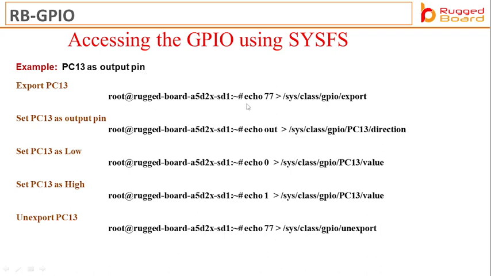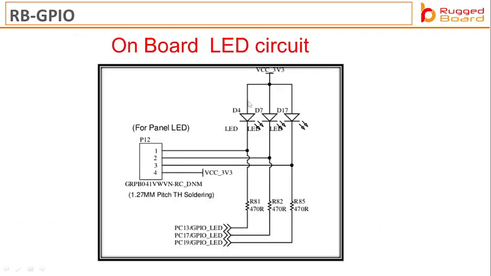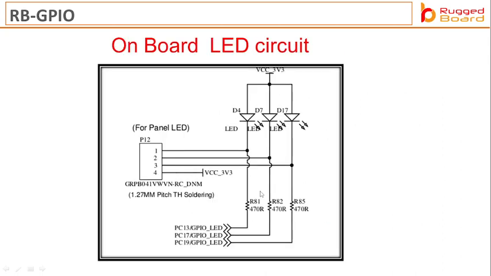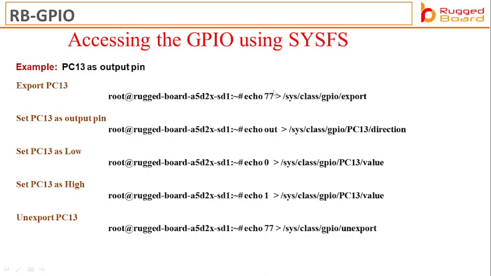In the terminal, we echo 77, which is the SAMA5D2 pin number we calculated for PC13 using the formula, and export it through sys class gpio.